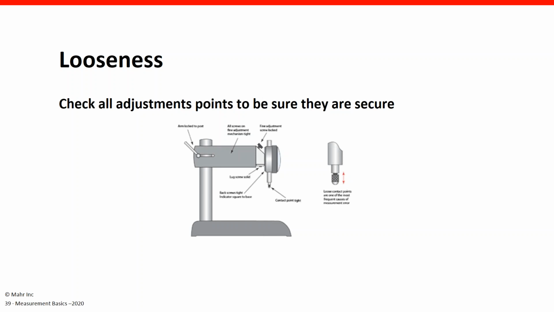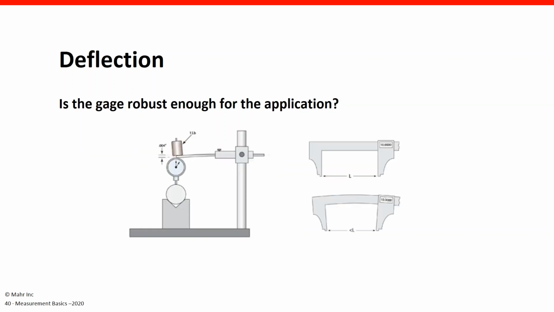We have a post that's attached to a base, and we have an arm attached to the post, and there's a fine adjustment on there, and that indicator is attached to the fine adjustment, and there's a contact point. And any one of those can become loose and influence our measurements. So again, it's good daily practice to make sure that the gauge is tight and also clean before we start making a measurement.